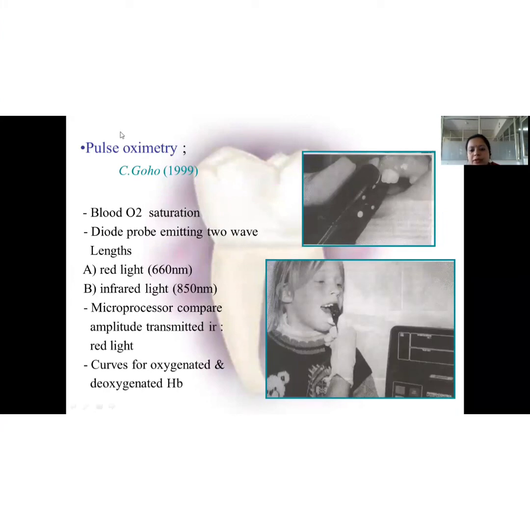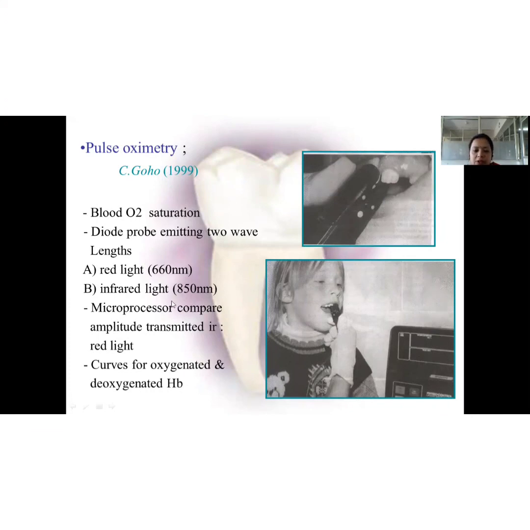Now pulse oximetry. Basically, pulse oximetry gives the blood oxygen saturation. A diode probe emitting two wavelengths is placed on the tooth, like your SpO2 probe. There is a probe made for the tooth.